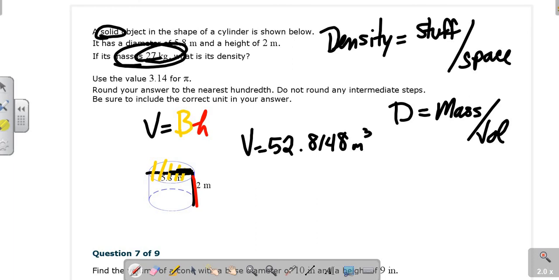Our mass is 27 kilograms, so it's 27 kg divided by 52.8148.